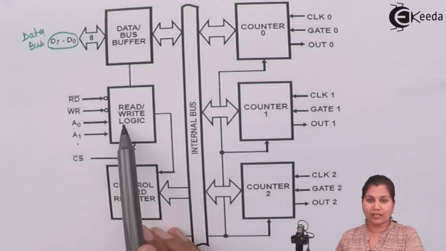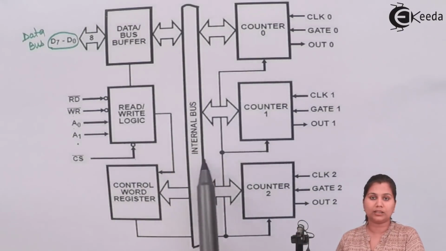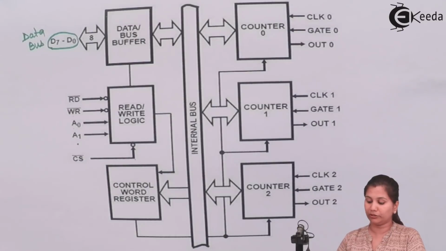Then we have the read-write logic. Through this read-write logic, we have the signals read, write, A0 and A1 connected. Then we have the chip select signal also connected to it. The function of this read-write logic is to provide the control signals to all the other components of the 8253 IC. Then we have the control word register. The control word register has the control word which decides in which mode the 3 counters are operating.